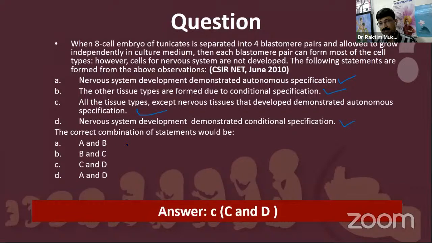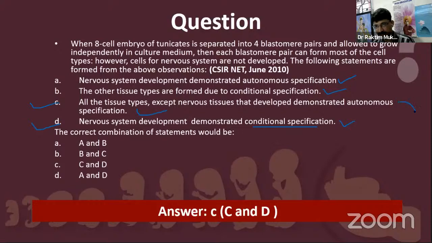The correct answer is option C, that is both C and D. C stands for all the tissue types except the nervous system demonstrated autonomous specification, because the nervous system formed even without that. And D, nervous system development demonstrated conditional specification.